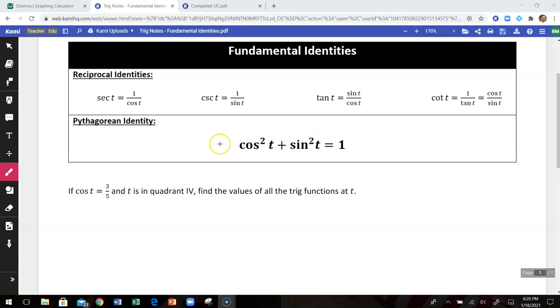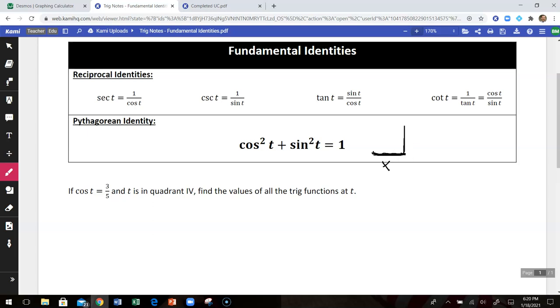Now, in a video on the construction of the unit circle and why the coordinate points are the way that they are around the outside of the unit circle, we broke down our angles into special triangles, like 45, 45, 90 triangles or 30, 60, 90 triangles. And what we came up with every time was that the cosine is the x distance of our triangle, that's the cosine value.